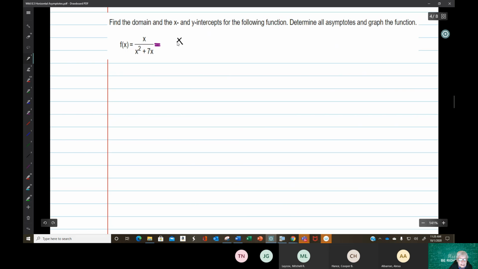We're going to have x over x times x plus 7. Now you can see right now you're going to have cancellation, you're going to have a hole. But let's not jump the gun there. Right now we are only going to work on domain.